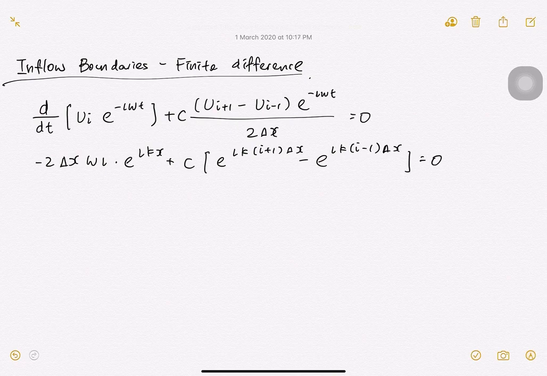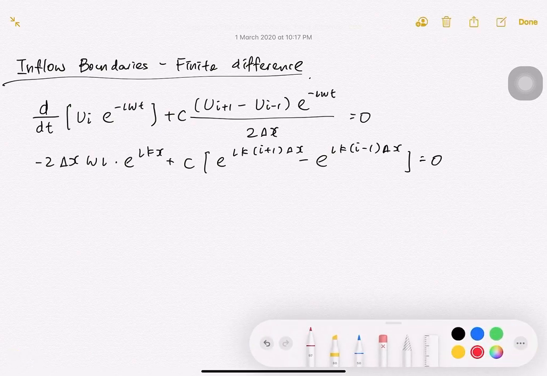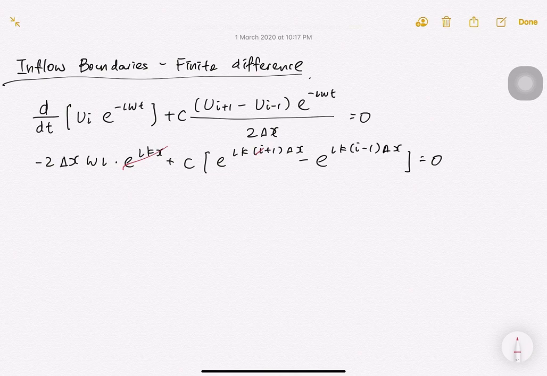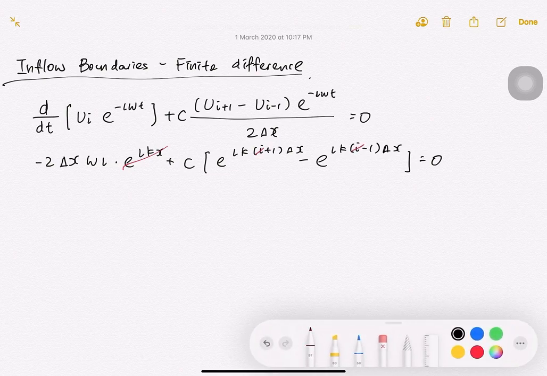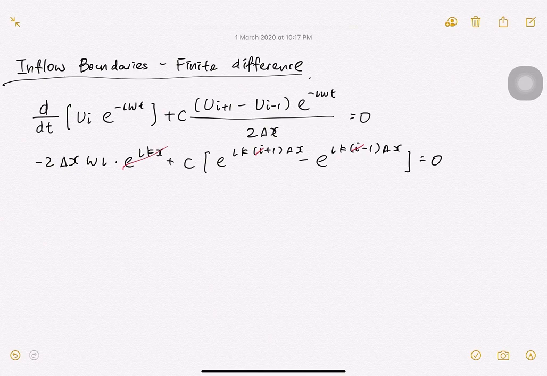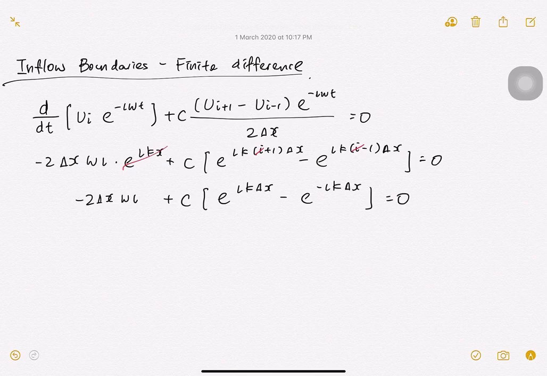Okay, and then we cross out something. Plus c, then e to the power of iota k delta x minus e to the power of minus iota k delta x equals 0.